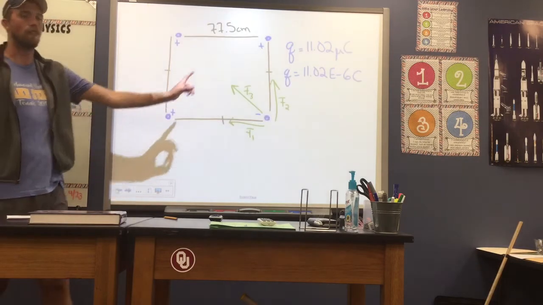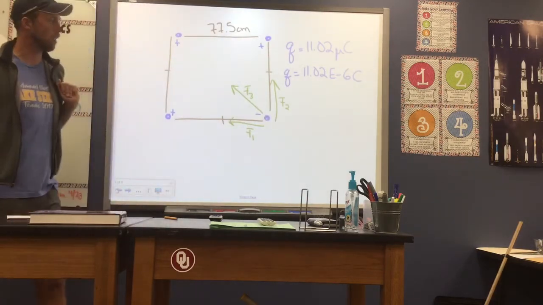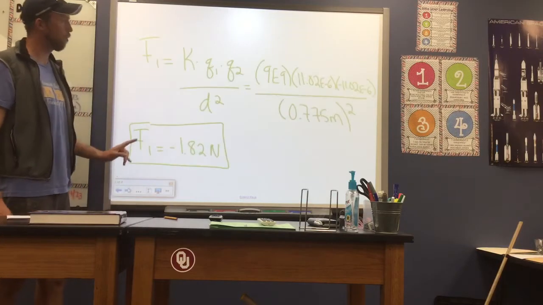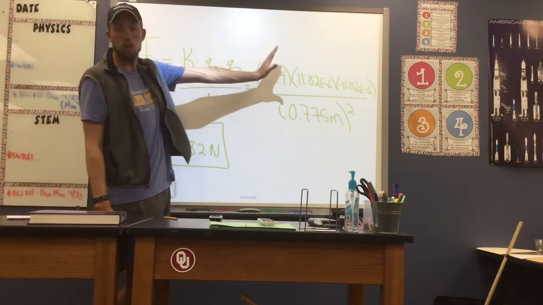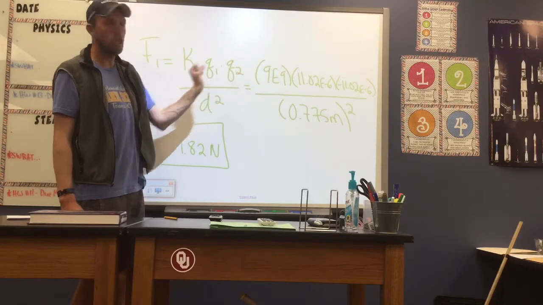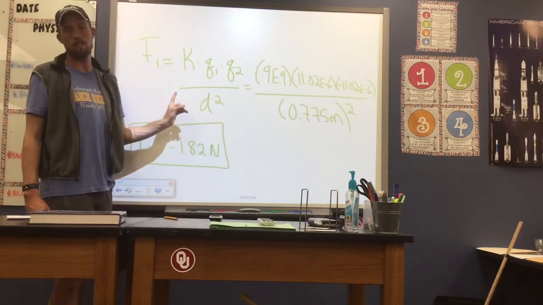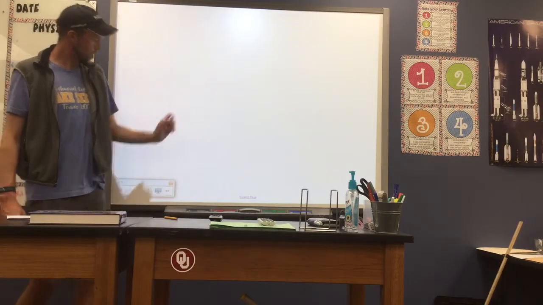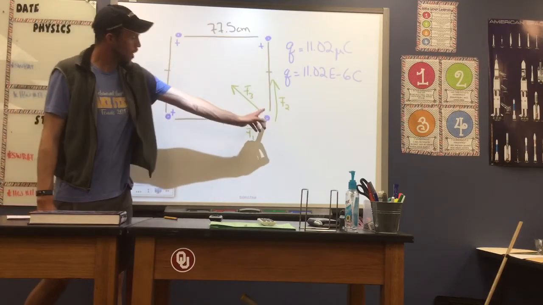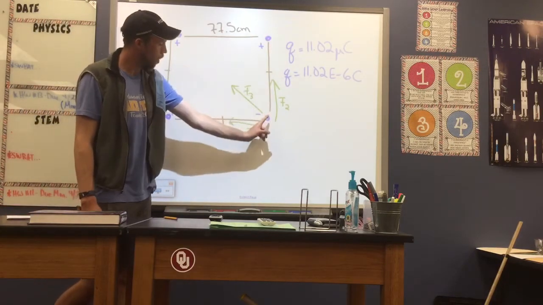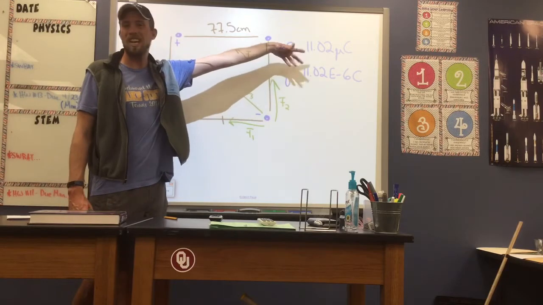Now, I said I was going to solve for F2 next. I'm going to tell you a little shortcut. If you'll notice, when solving for this force, the variables that we factor in are Coulomb constant, K, Q1 and Q2, as well as the distance value. Now, other direction. In this scenario, for F2, our charges, Q1 and Q2, are staying the same.